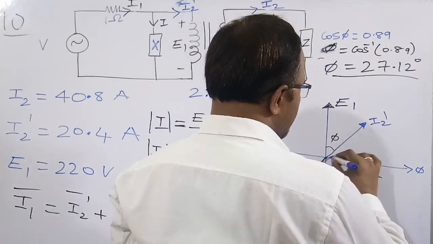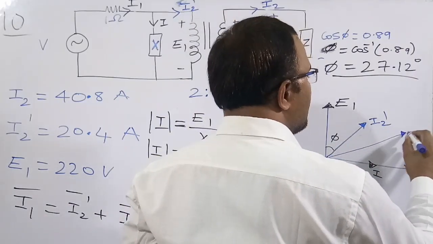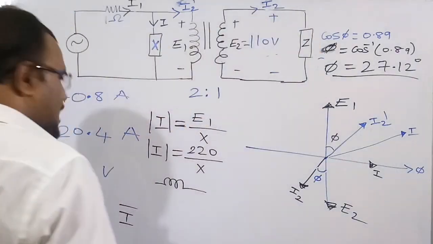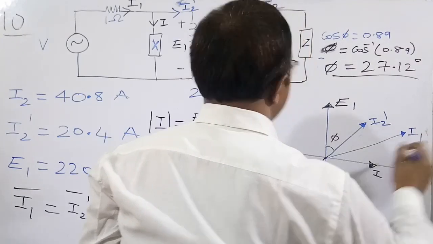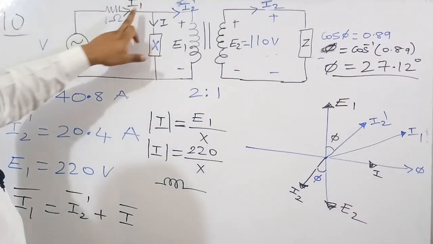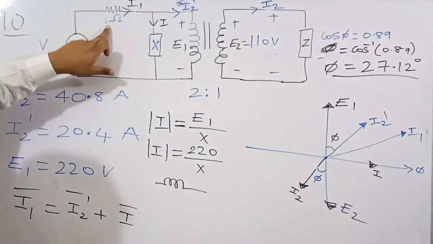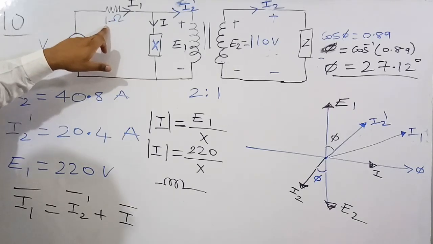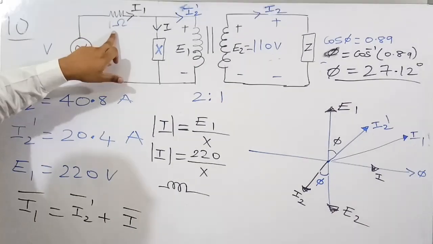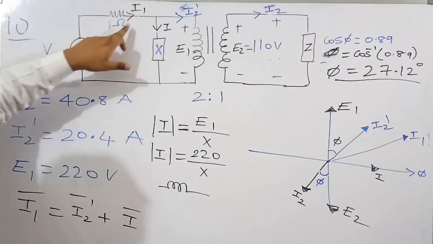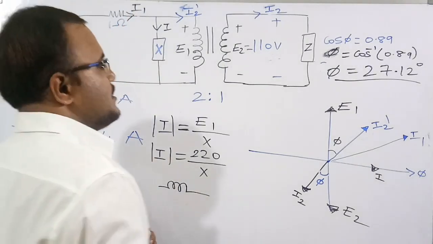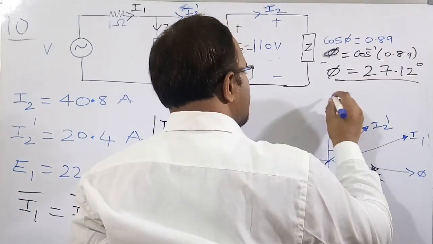If you do this, you will get this, which is the current I1. Across the resistor, the current and the voltage are in phase, so the voltage is I1 into 1, which is I1.